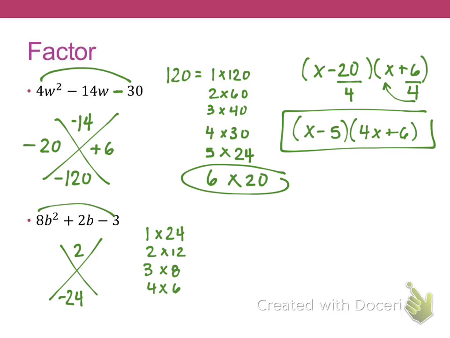Which ones are going to subtract to give me 2? 6 and 4. Now, because 2 is positive, that means my 6 has to be positive, 4 is negative. So x minus 4 and x plus 6.